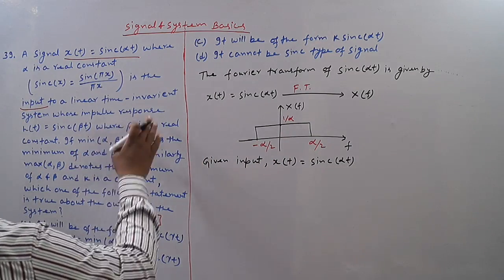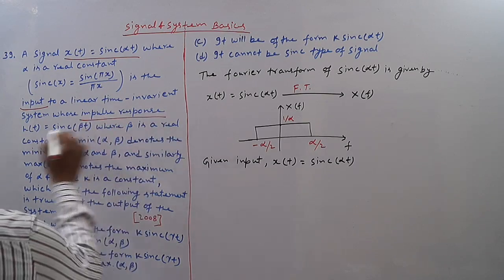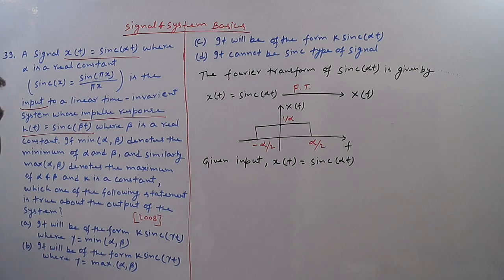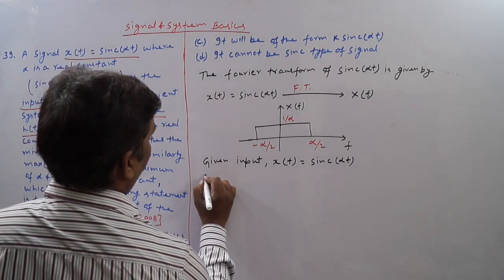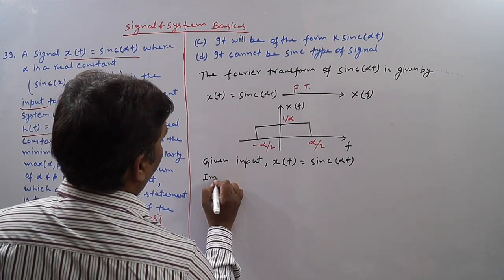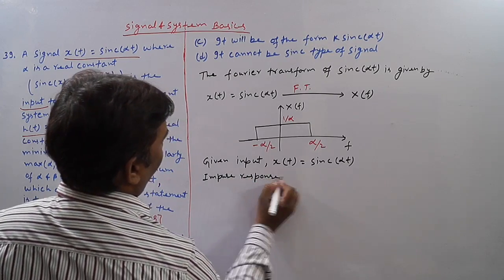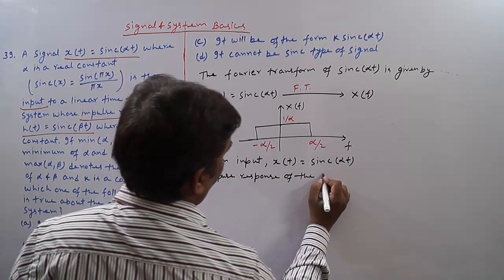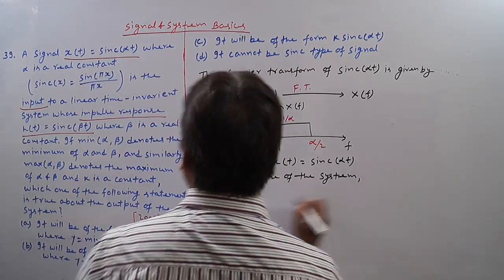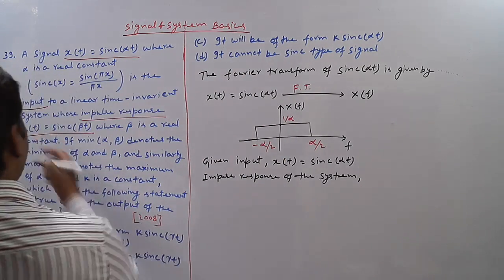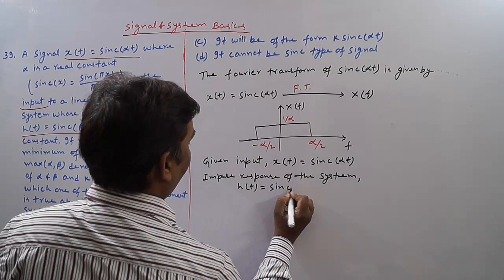It is also given that the impulse response of the system is s(t) equal to sinc beta t.